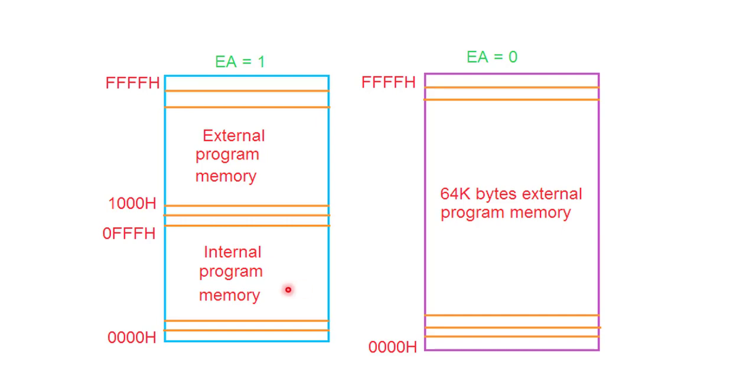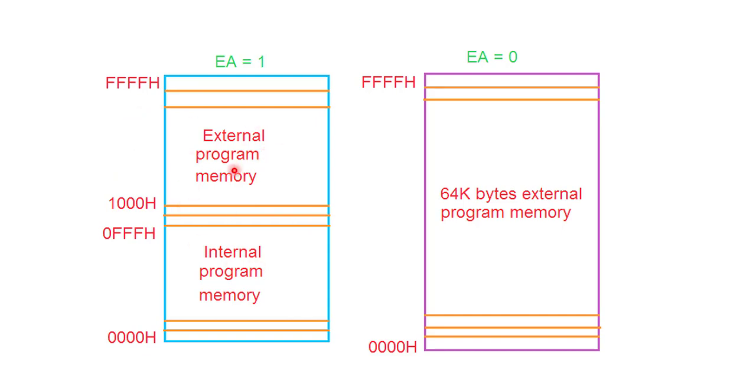We know that 8051 microcontroller having 4 kilobyte of internal program memory, and if this internal program memory is insufficient or inadequate, we can extend this program memory up to 64 kilobyte. So the first option is we use internal program memory of 4 kilobyte and we add 60 kilobyte of external program memory. So the address of total memory is 0000H to FFFFH.